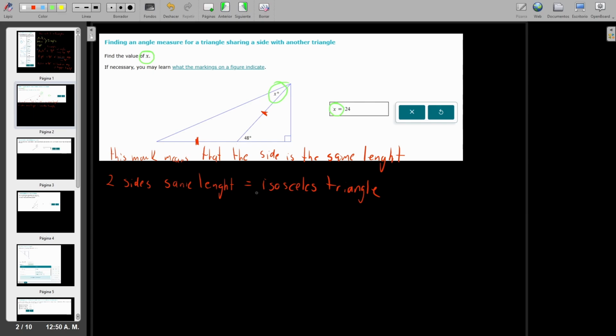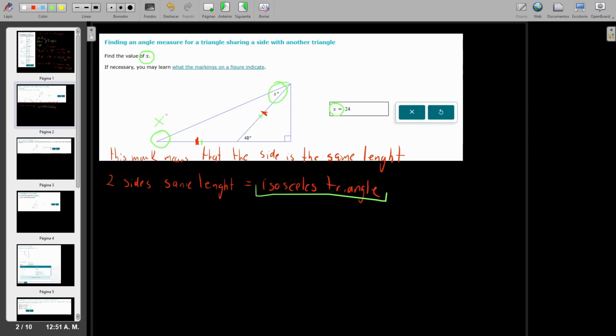Now, for definition of an isosceles triangle, as we can see, these are the same length. It means that the angles that share those two sides that are of the same length are of the same value.